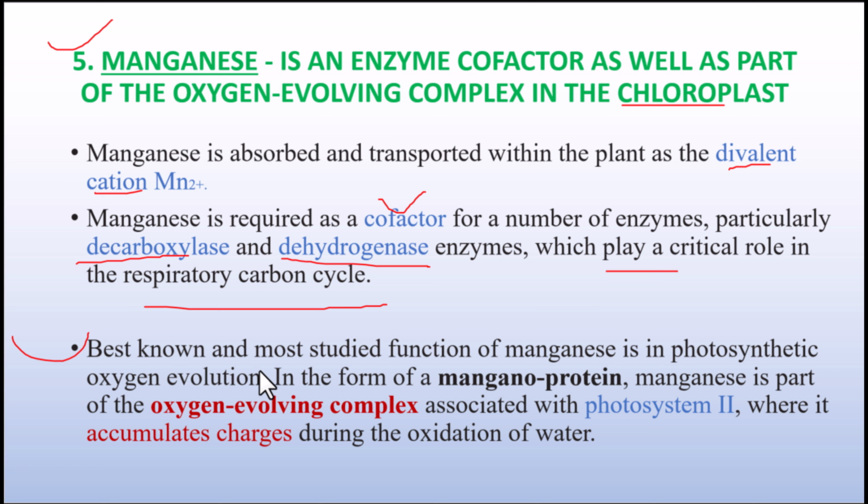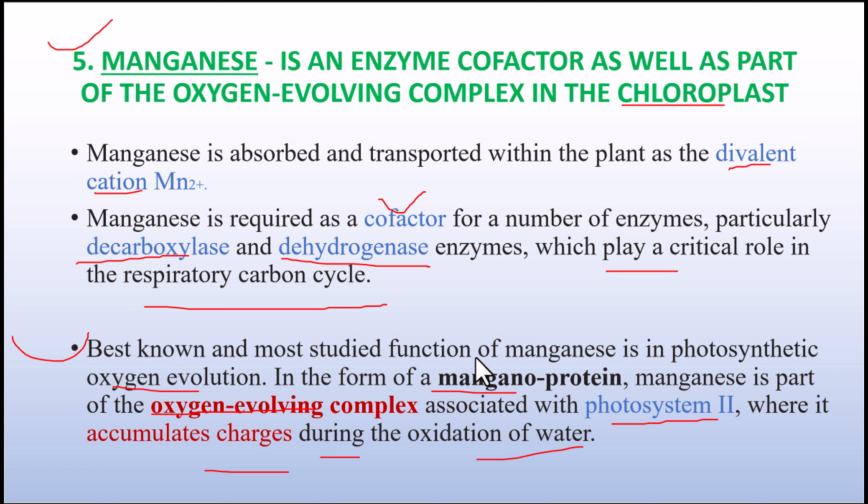The best known, most studied function of manganese is in the photosynthetic oxygen evolving complex. In the form of manganoprotein, manganese is a part of the oxygen evolving complex associated with photosystem 2, where it accumulates the charges during the oxidation of water.